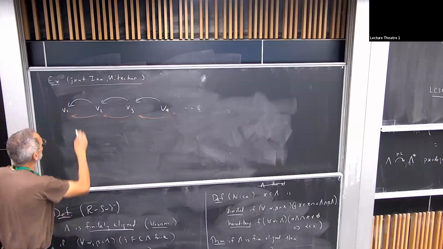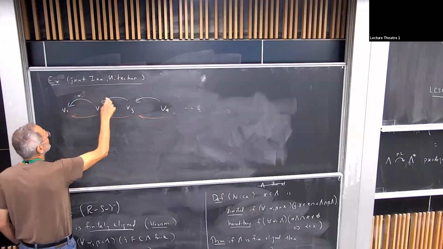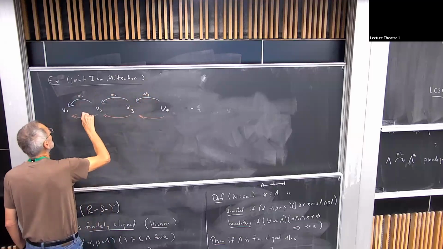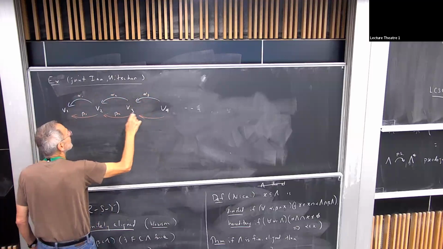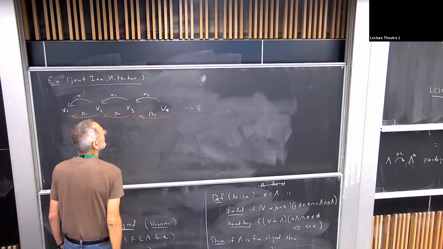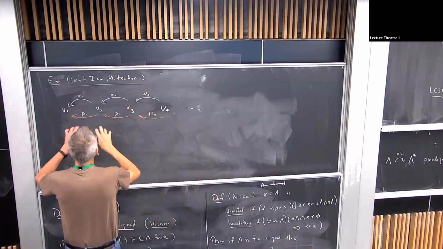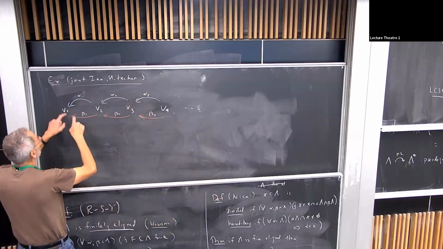I'm going to label these alpha 1, alpha 2, 3, and so on. Beta 1, beta 2, 3. And in this two graph, we have to define the commuting squares.